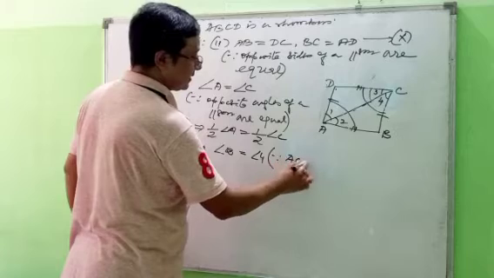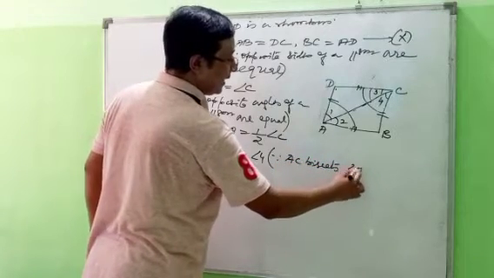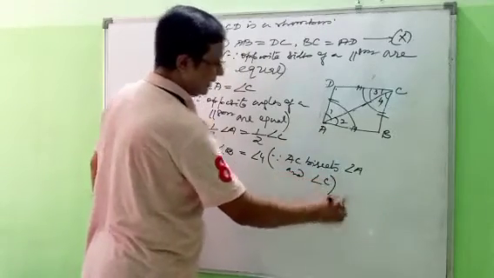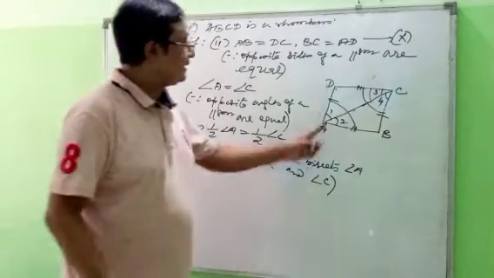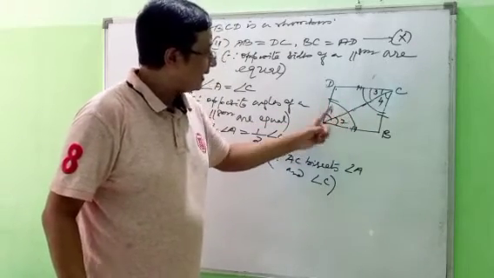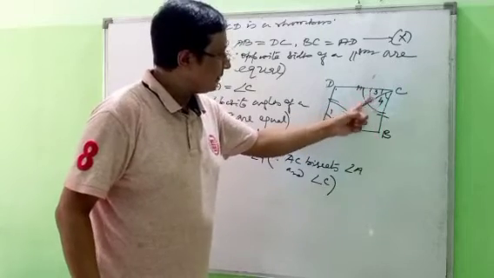AC bisects angle A and angle C, because AC divides angle A into two equal halves. AC divides angle C into two equal halves.